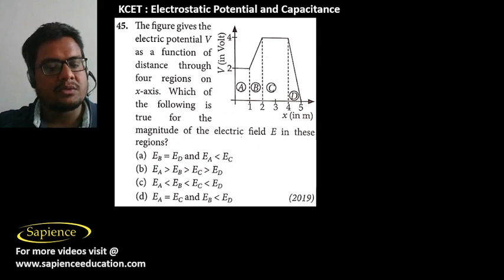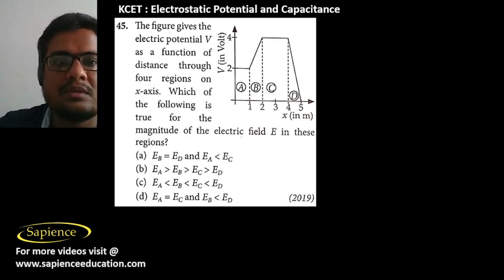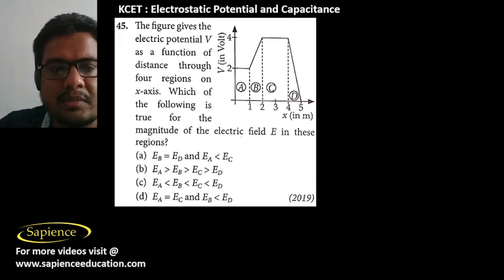Then in question number 45, it is told the figure gives the electric potential V as a function of distance through 4 regions on the x-axis. Which of the following is true for the magnitude of the electric field E in these regions?